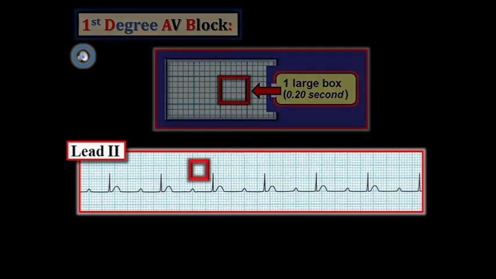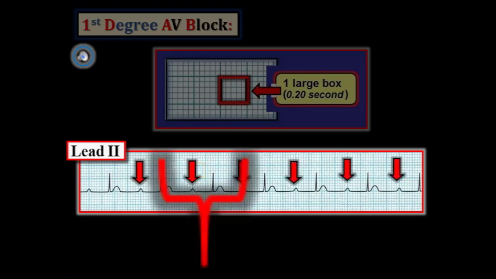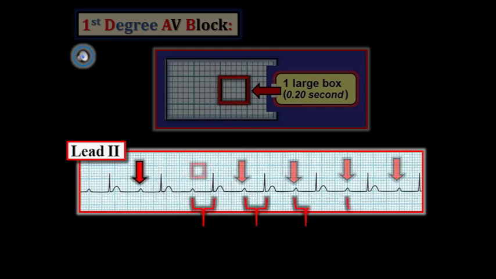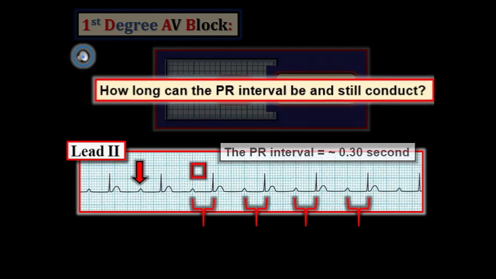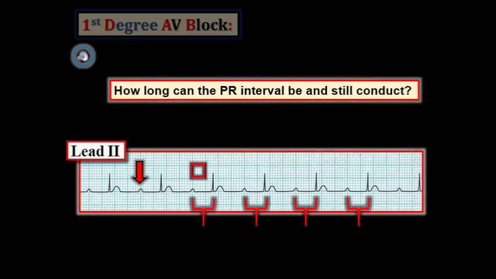What is the PR interval on this tracing? Isn't it clearly more than one large box in duration? We estimate the PR interval in this tracing to be about 0.30 second in duration, which raises the question as to how long the PR interval can be and still conduct to the ventricles.